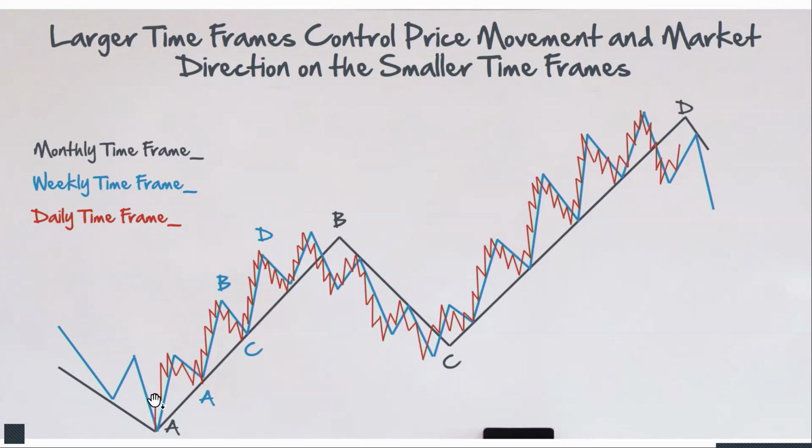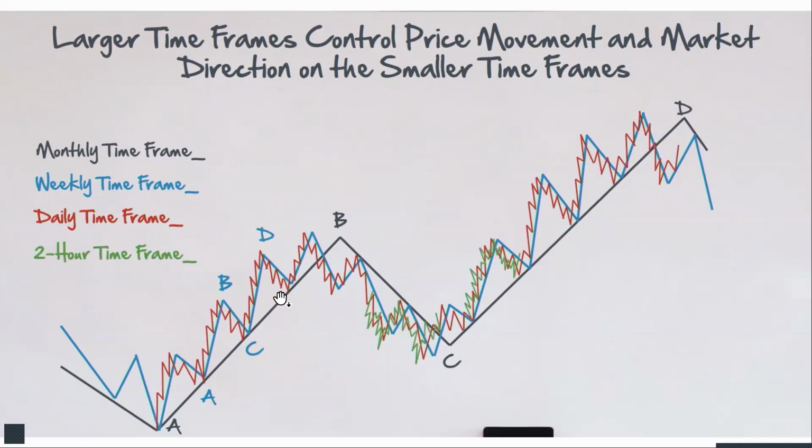Daily reached its first B first. Weekly has not gotten there. Weekly is still moving. And in the same vein, if you now add 2 hours or 1 hour to it, you will see clearly where you should be trading without missing it.